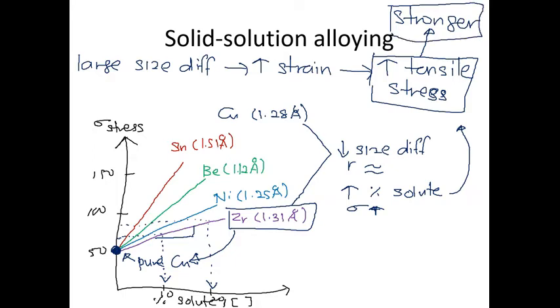Then we look at this graph and compare with the copper here. We compare the atomic radius.